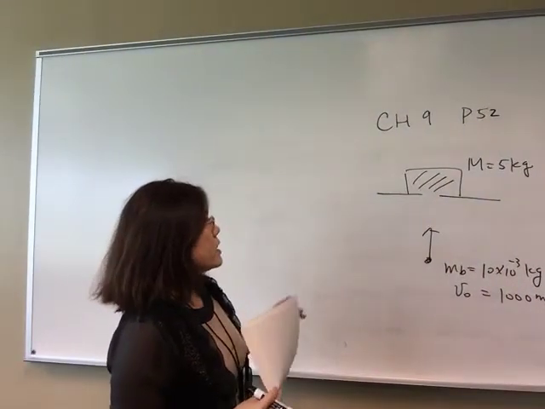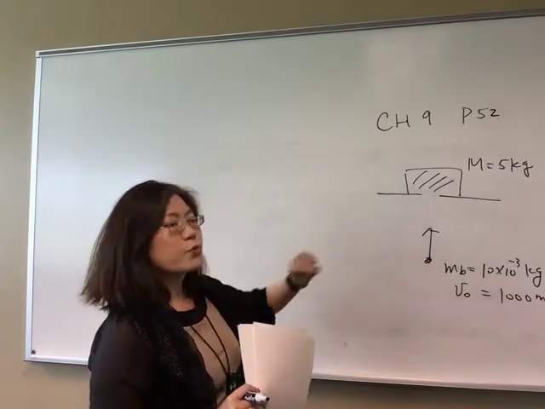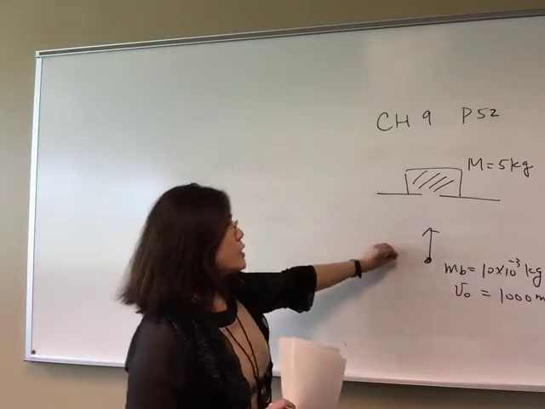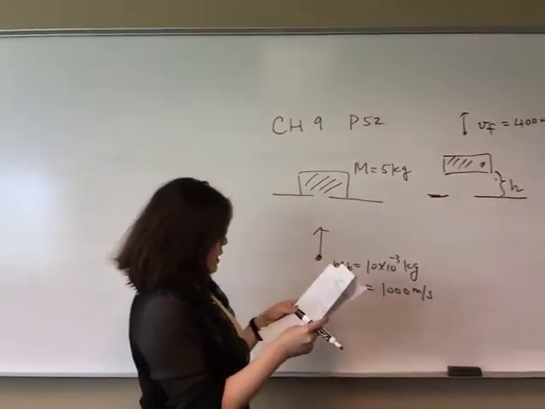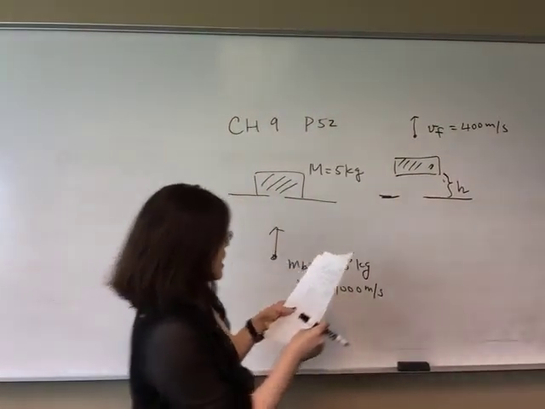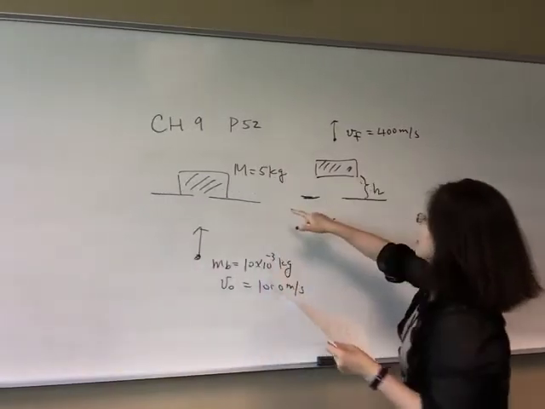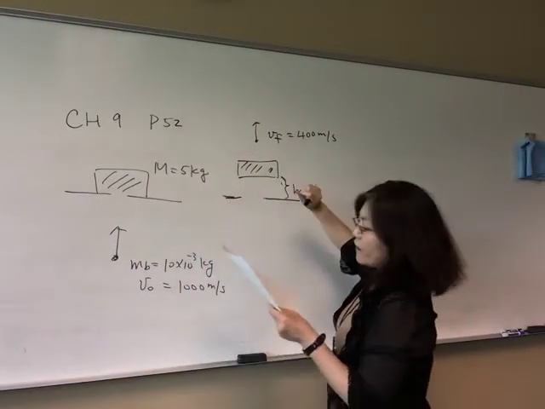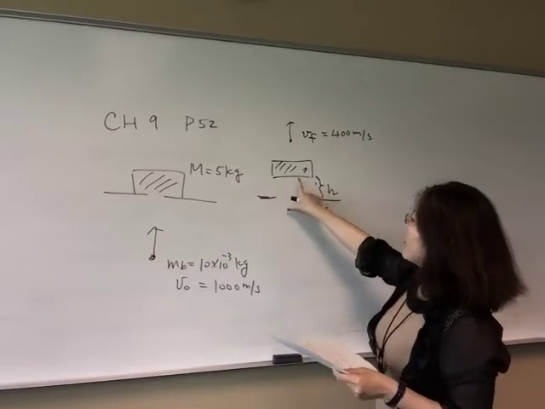So let's see, during this collision, you have the bullet moving at a velocity, moving upwards. The initial linear momentum has to be equal to the final linear momentum.